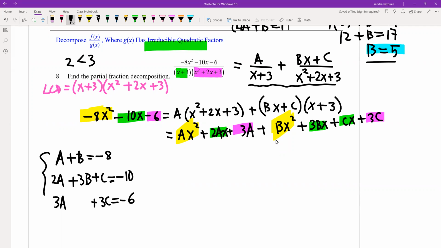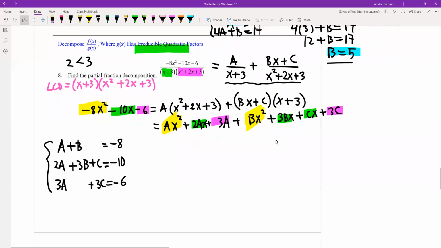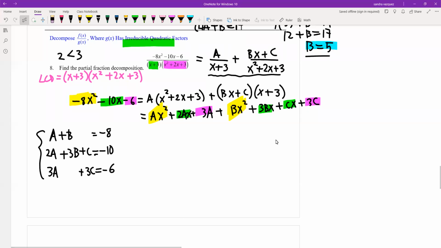Okay, I have this system of equations, and I can see that I have three unknown variables. Let me go ahead and rewrite it over here. Equation 1 is missing the letter C. In equation 3, it's missing the letter B. Right here, you just decide which one you think is best for you.